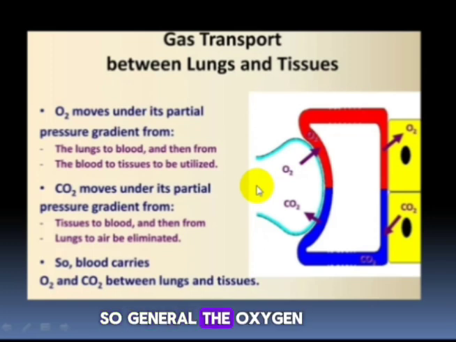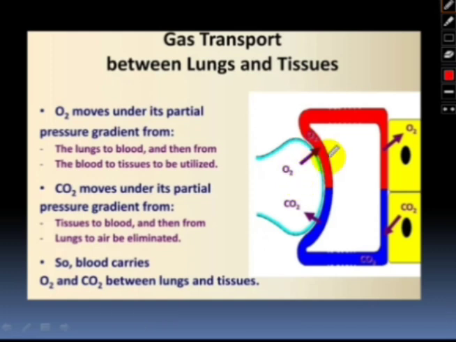So generally, if you look at the diagram, oxygen moves from the lungs, the alveoli of the lungs, into the blood. And then from the blood, it enters the tissues.